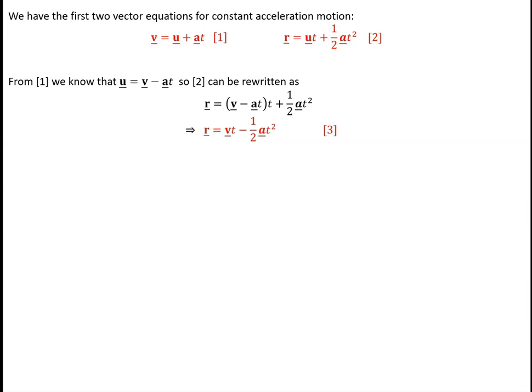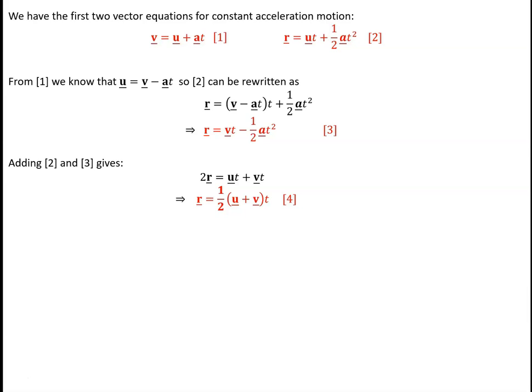In other words, r equals vt minus a half at squared, which is the third of our constant acceleration equations. Finally, if we add equation 2 and equation 3, we'll find that the half at squared terms cancel out, so we get 2r equals ut plus vt. In other words, r is a half of (vector u plus vector v) times t.